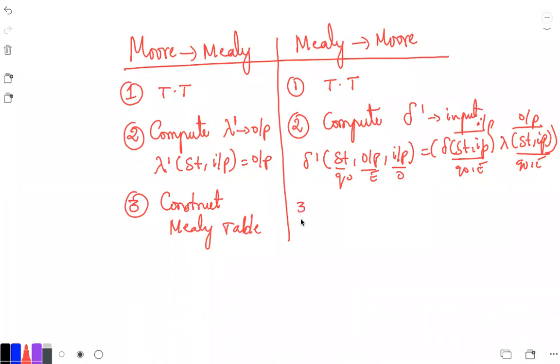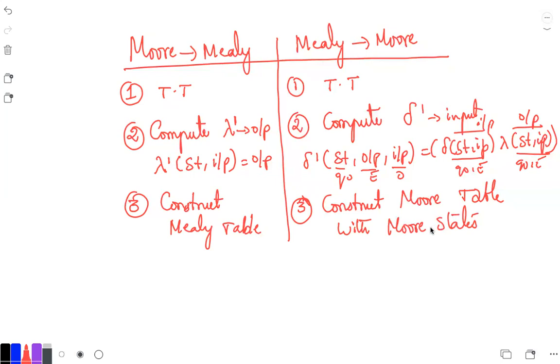Here we have additional states; construct the Moore table with more states. Here also you can write the same point: construct the Mealy table with Mealy states.